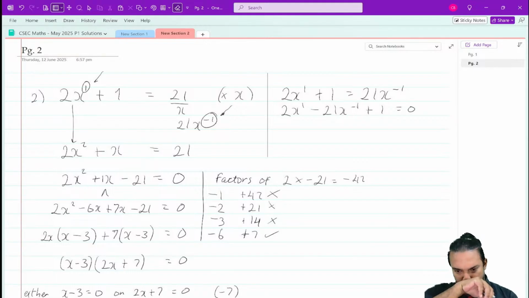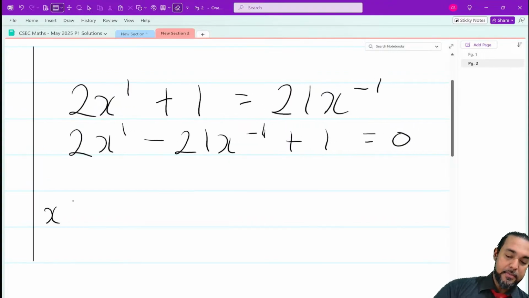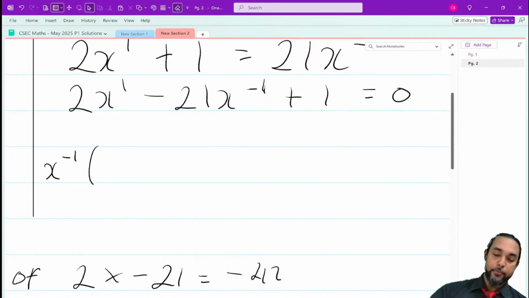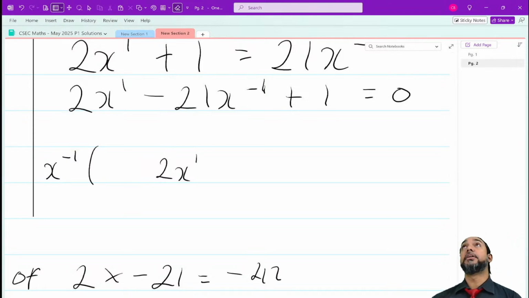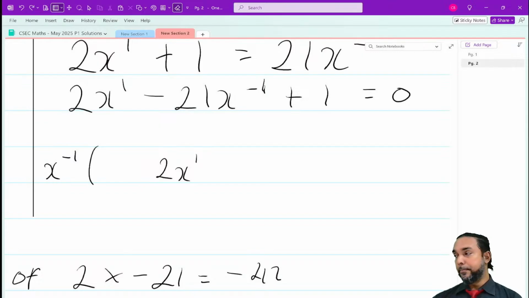But you could factorize using x to the minus 1. Let me show you what I mean. You could pull out x to the minus 1 as a common factor. What that means is you'd have to divide every term by x to the minus 1. You could complete the square if it's a quadratic. This form isn't a quadratic form, but it's a factorization.